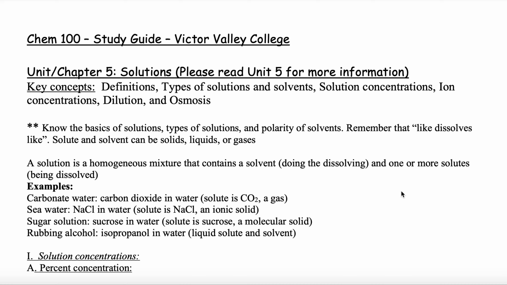For example, you make a salty and sweet solution, like you use water to dissolve salt and sugar. Those are your two. Salt and sugar are solutes, also known as active ingredients sometimes, and water is your solvent.